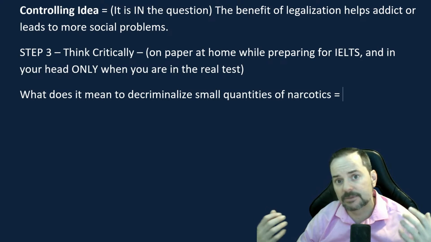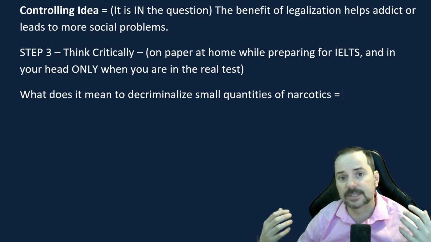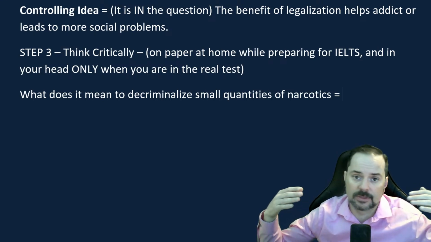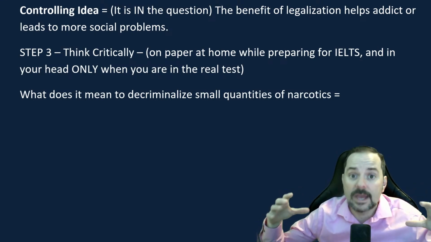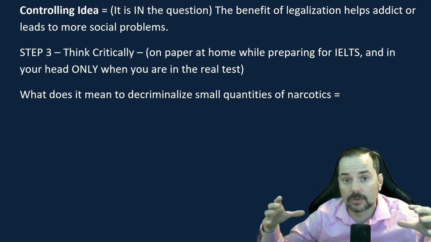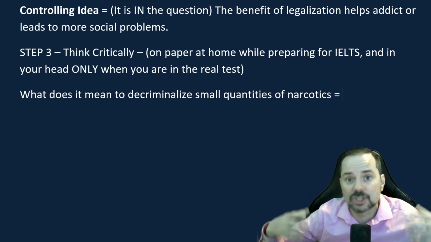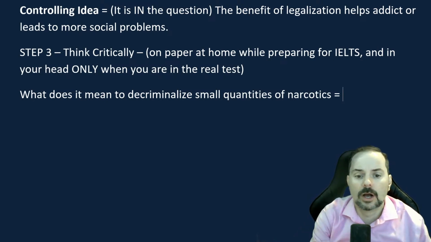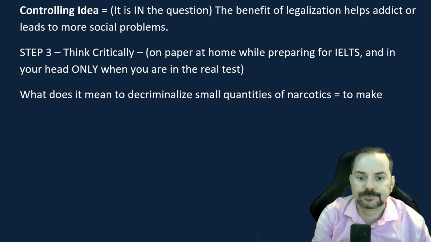For Band 7, Band 8, Band 9 on the IELTS, the examiners are balancing your mistakes with language and grammar with your content. So with your logic, with your argument, with what you're actually writing. Okay? All right.